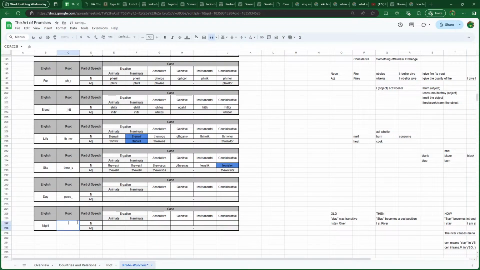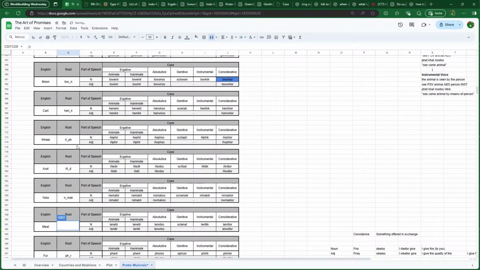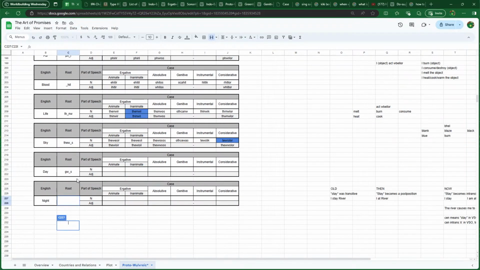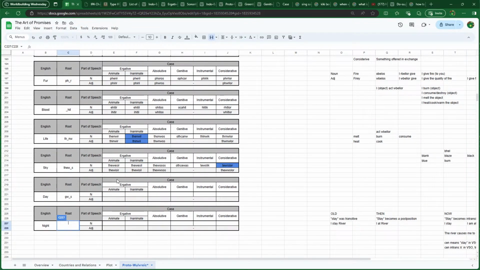And then I will have that. And then for night, actually, wrong. Gwis, and then moon, lone. Okay.